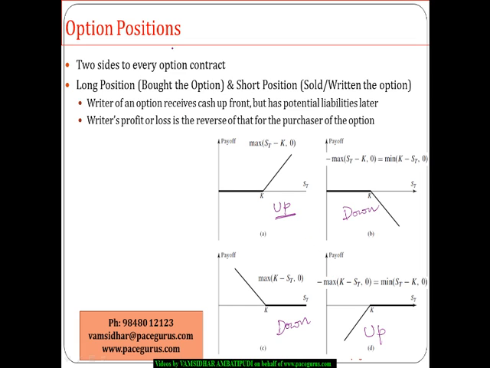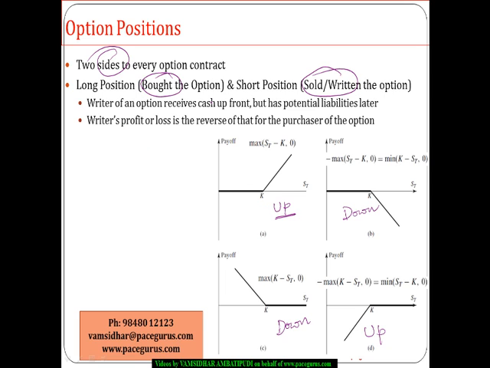So for every option, you have a long position as well as a short. Long is the party taking the option, paying the premium to the other party, and has the option to either exercise or expire the option. Whereas the short is the person who has sold the option, who takes the premium, and for whom it is an obligation to perform in case the long position wants to exercise the contract.